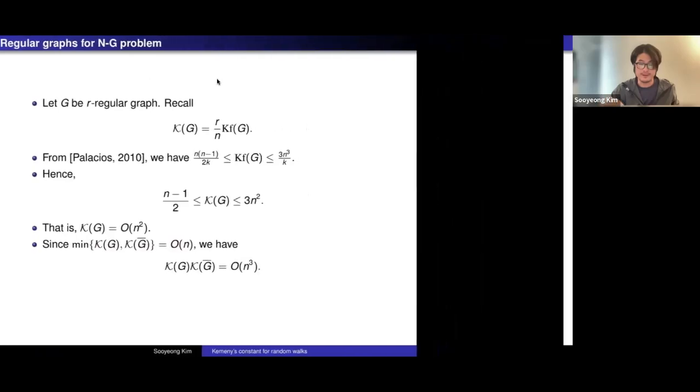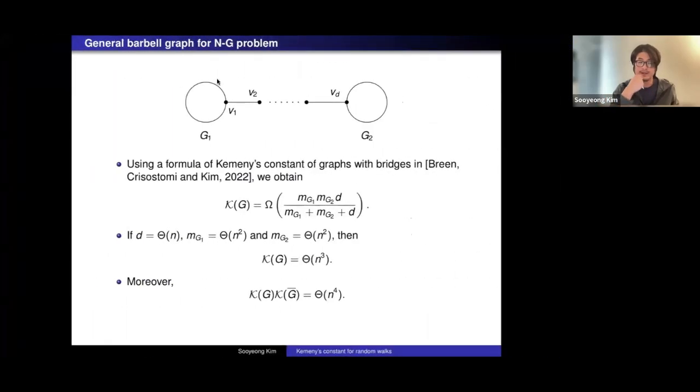And then let me provide another family. So here I generalized the barbell type graph. Instead of considering this part as clique and clique, I consider arbitrary graphs G1 and G2. Then using some formula for graphs with bridges, we can find this lower bound, which is about the number of edges of G1 and G2.